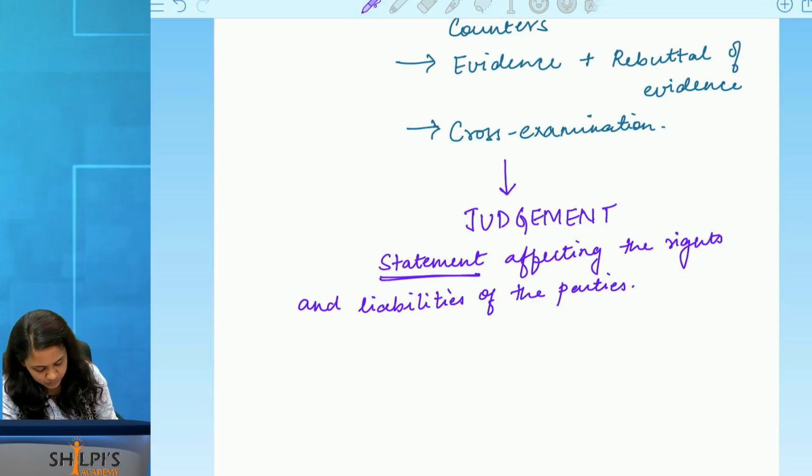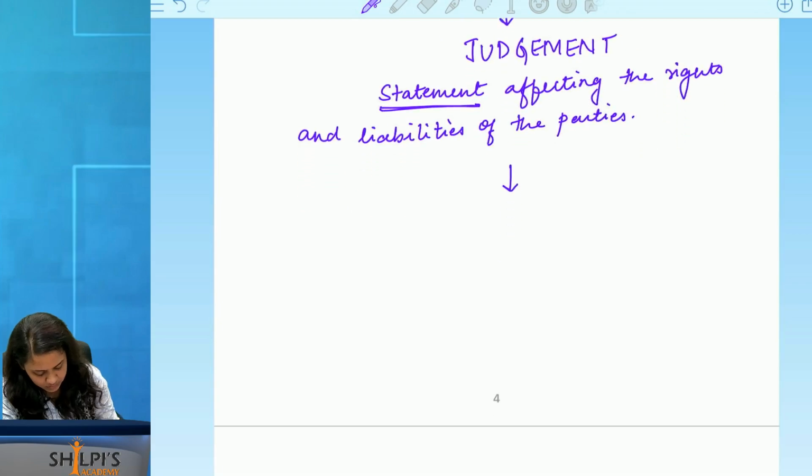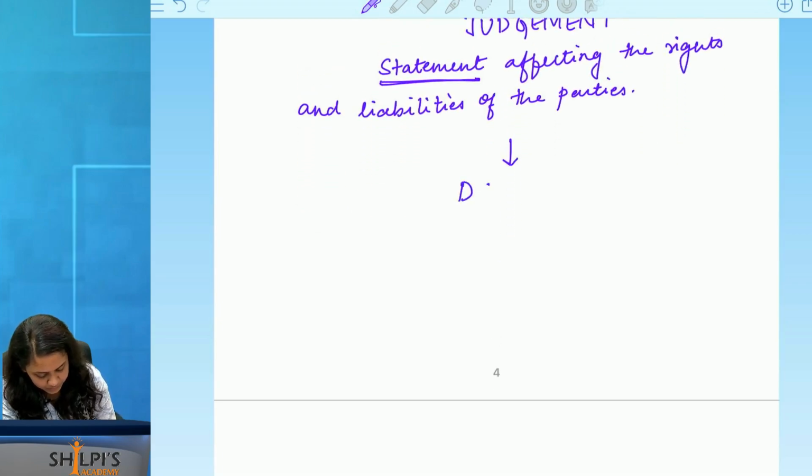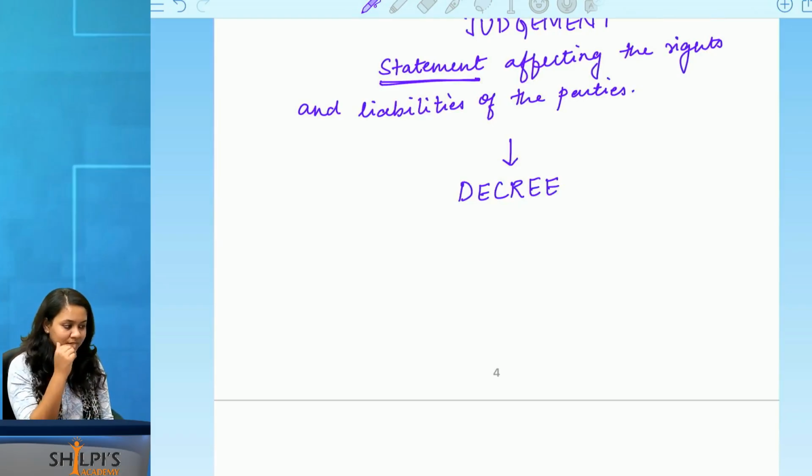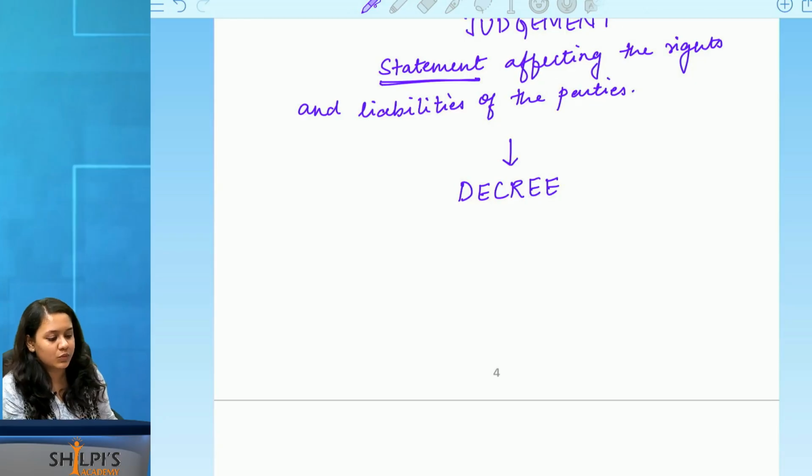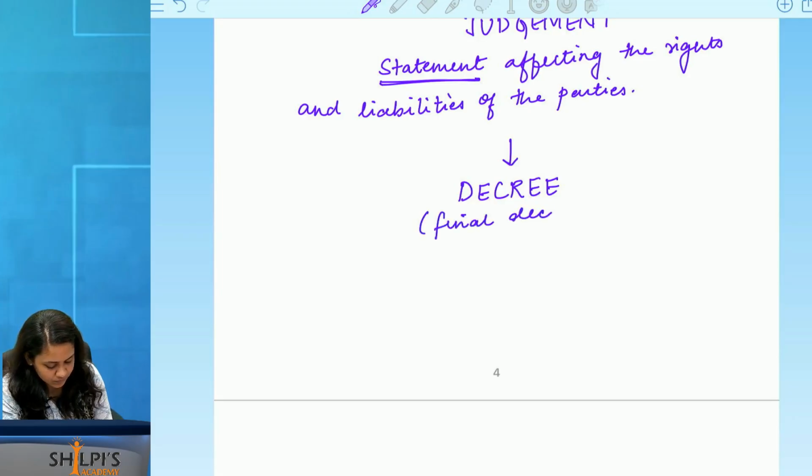After the judgment comes something known as a decree. Now, for the word decree, there is a very extensive definition. We will look at this definition a little later on, but we can say that this is the final decision of the court with proper jurisdiction.